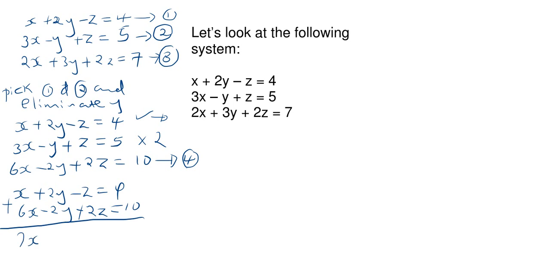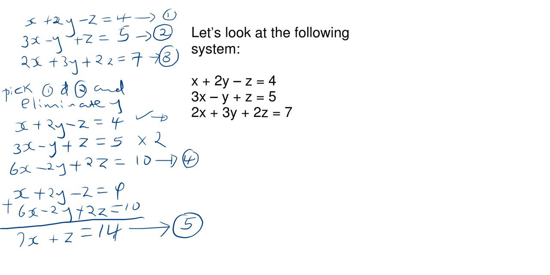Y will be 0, so there is no need of writing it. Minus z plus 2z gives us positive z, which is plus z, and this should be equals to 4 plus 10, which is 14. So here we have eliminated y, and we can label this as our equation 5.